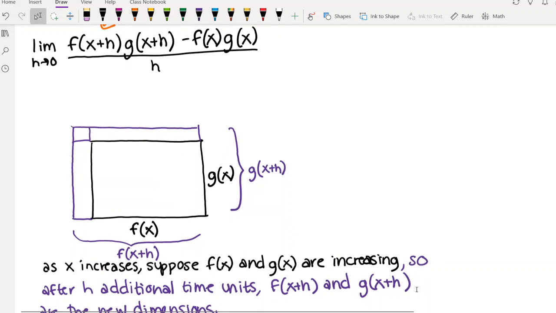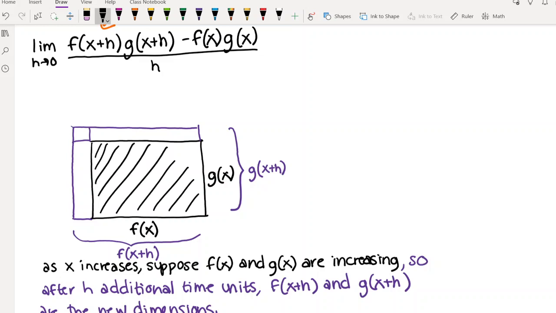So what I want you to notice is, let's say that we wanted to look at the area of this original rectangle, the smaller one in black. So the area of the smaller rectangle is, well, how do you find the area of a rectangle? You do base times height, right?